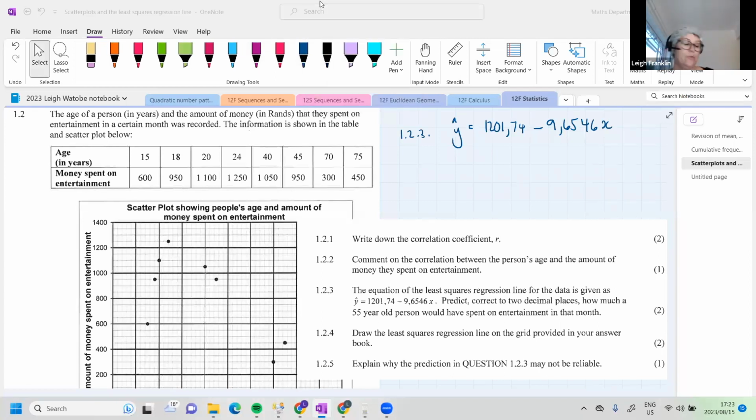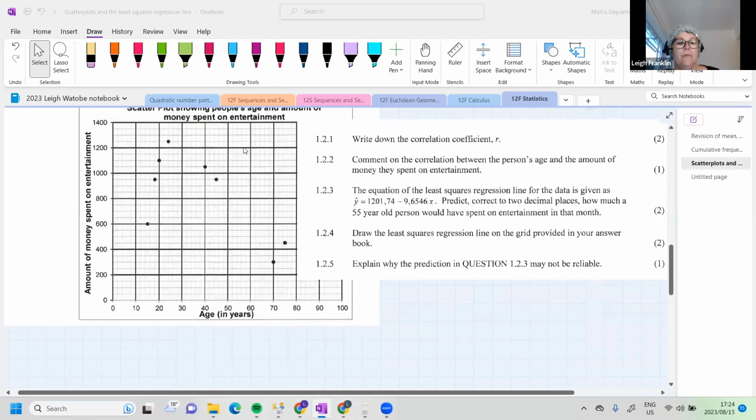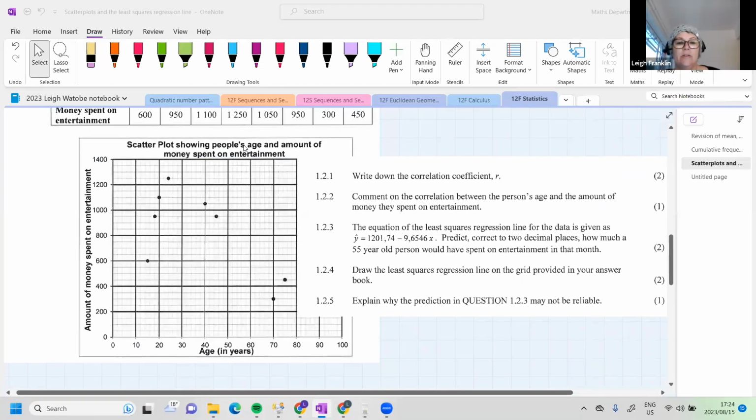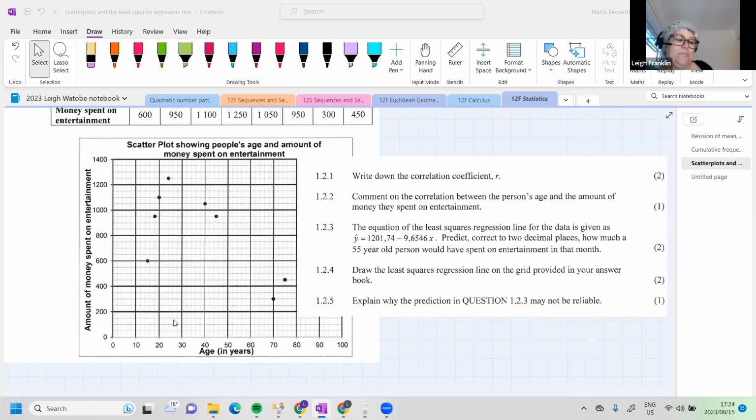No problem, Gugu. Sure. There's the x-axis. It's age in years. And on the y-axis is the amount of money spent on entertainment.